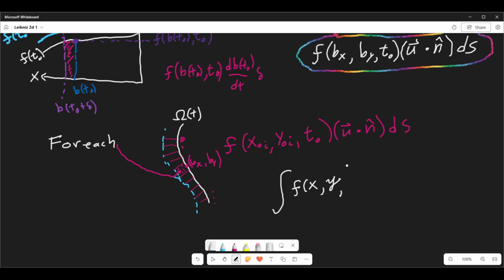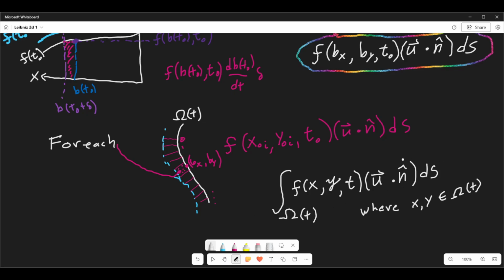Let's go ahead and evaluate it. The integral of u vector dot n hat ds, integrated over the boundary at a given time. x and y, of course, in this integral are members of the boundary.